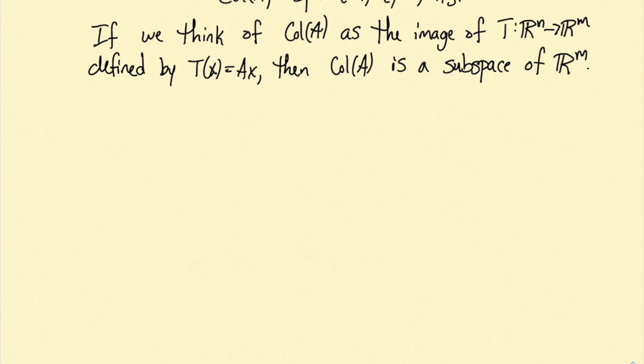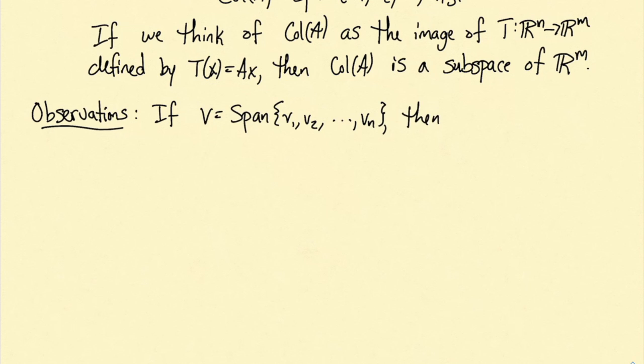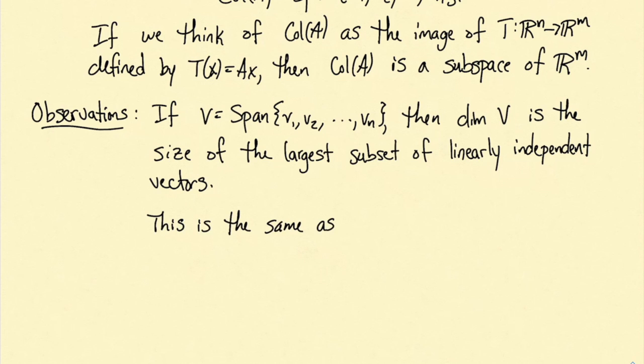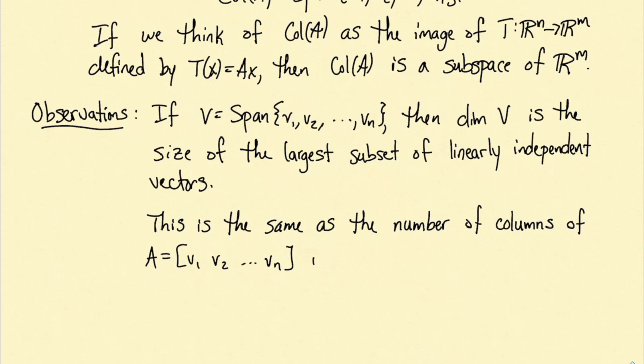We've already seen that if V is the span of some number of vectors, say v1 through vn, then the dimension of V is the size of the largest subset of linearly independent vectors. If we think about this in terms of matrices, this number of linearly independent vectors is the same as the number of columns of our matrix A, with columns v1 through vn, that have a pivot position.